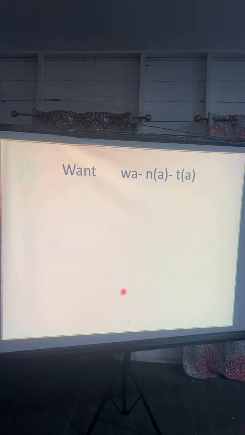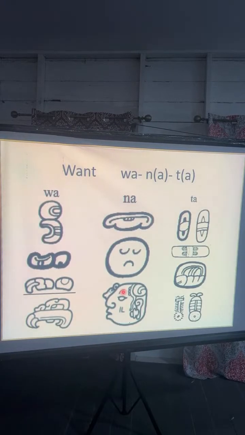So this is what we're doing, right? The key is splitting the words into syllables. Want. And then these are the symbols. So if you're at home, choose one of these and one of these to create your glyph.